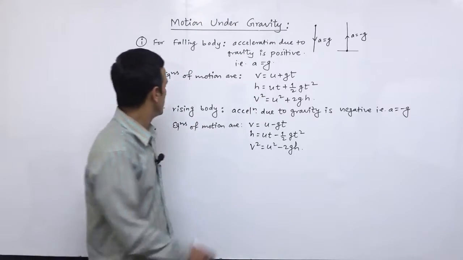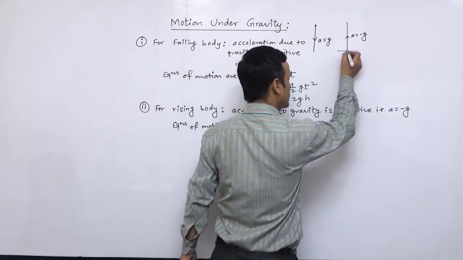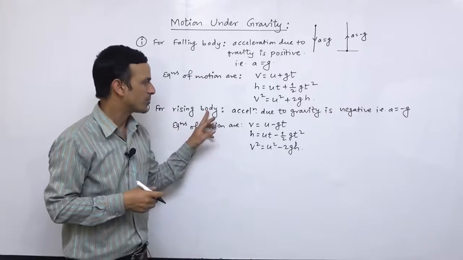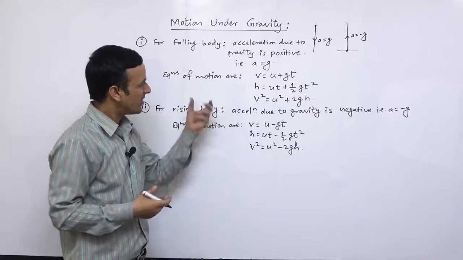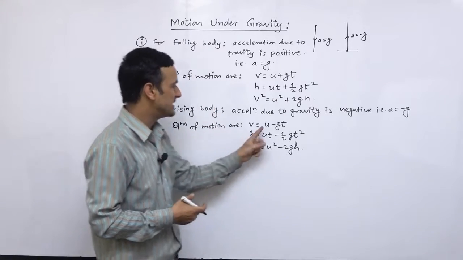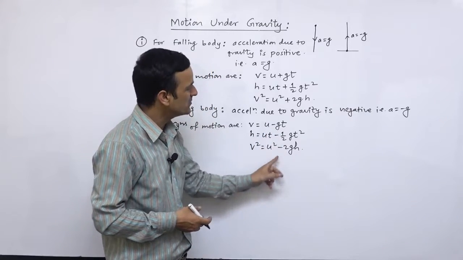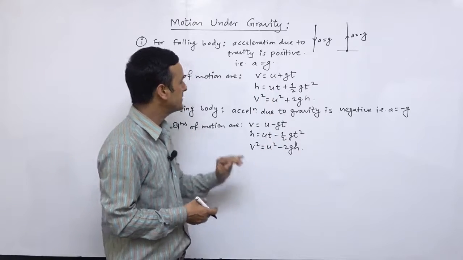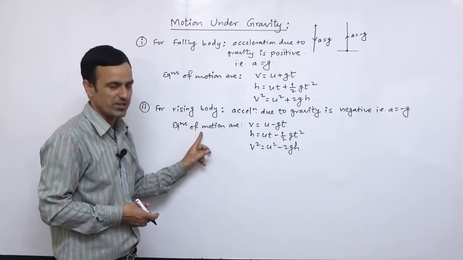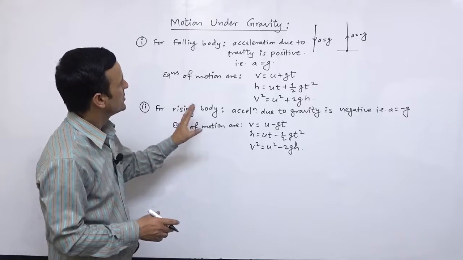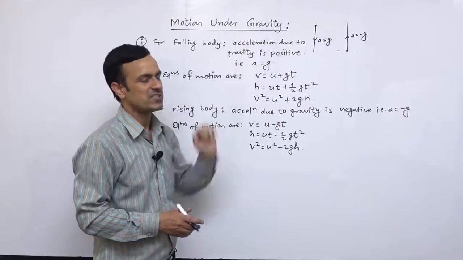And for rising body, if from any point of the earth it is projected upwards or the body is moving upwards against the gravity, then in this case we use minus sign. So write down plus sign and minus sign according to the condition of the question. So in this way we can use the equation of motion under gravity.